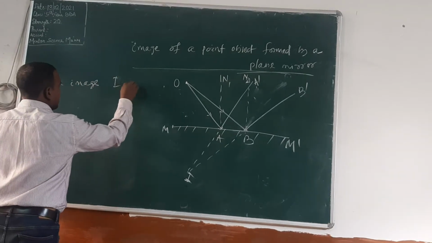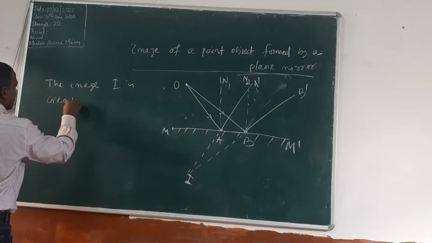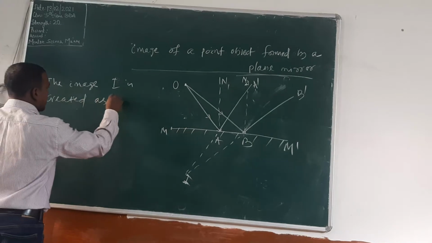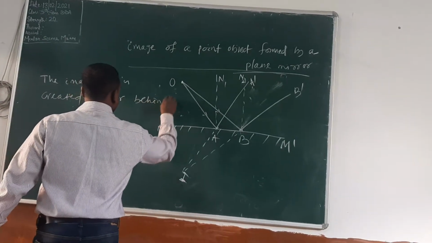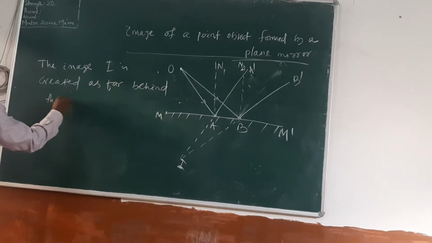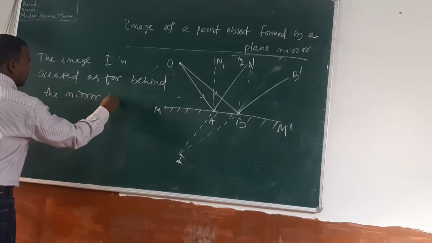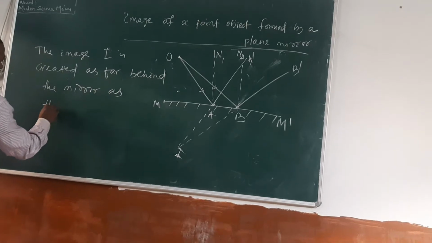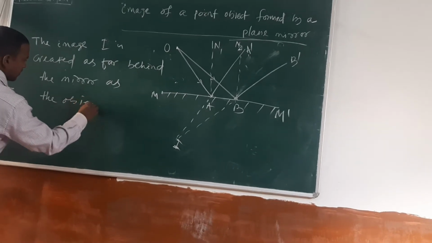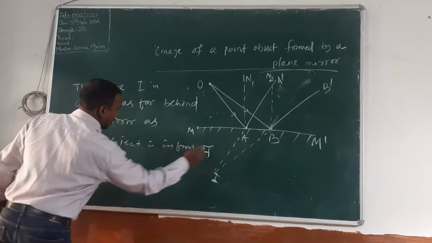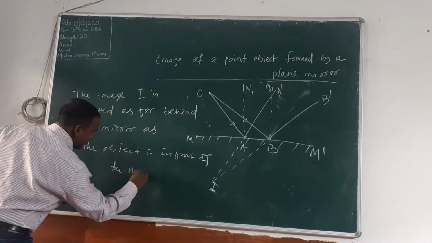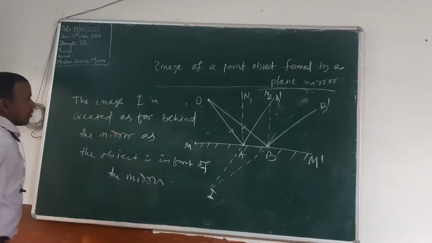The image is created as far behind the mirror as the object is in front of the mirror.